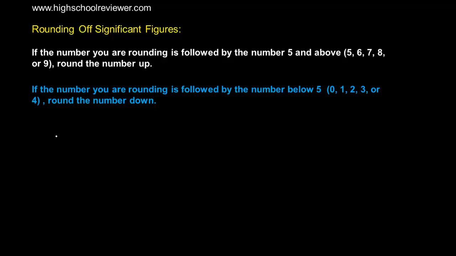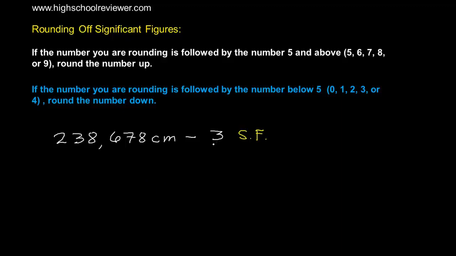Let's have an example. We have 238,678 centimeters. We are going to round this off to 3 significant figures. First, we need to identify the number that we are going to round off.